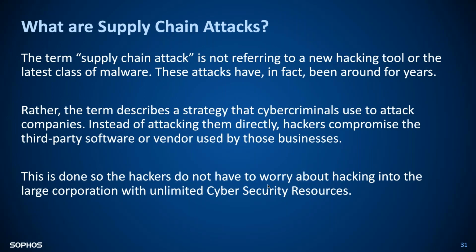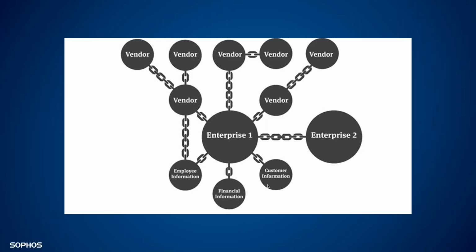their vendors. If we take a look at this from an actual chart, we can see that we have our large enterprises here in the middle, and then we have all those vendors that feed that particular company. When we're talking vendors, this could be anything from your supplier who's bringing in your goods, your alarm system company, your AC control company, any company you do business with to keep your business running. You probably have some sort of a tie with that company, whether it's over email or direct into your systems.